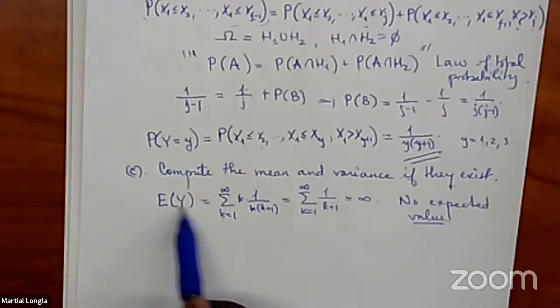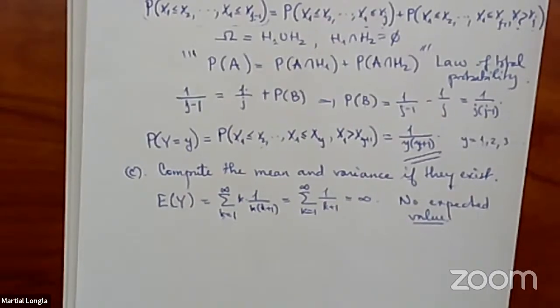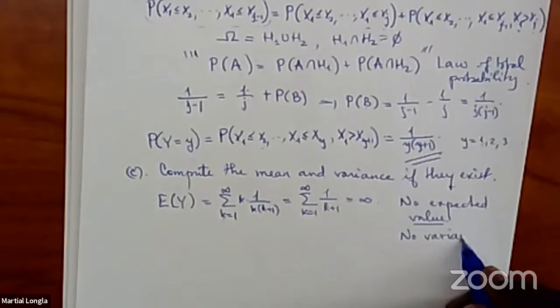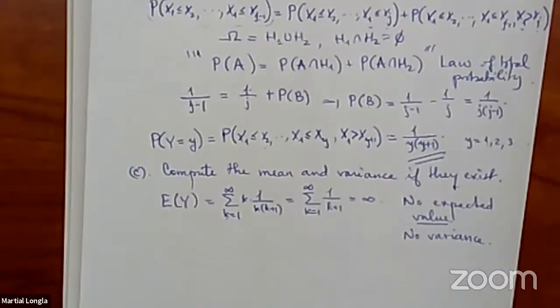You can't tell me the expected value is infinity. There's no expected value. And if there is no expected value, obviously there is no variance. Questions? Is there any question on this? Everybody understands, it's perfect. We move on.